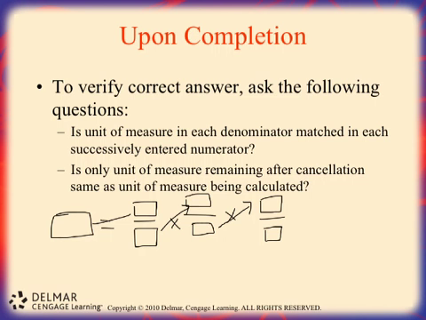Is only the unit of measure remaining after cancellation the same as the unit of measure being calculated? In other words, when we cross out all of those numerators and denominators that cancel each other out, we should end up with whatever we started with right here.